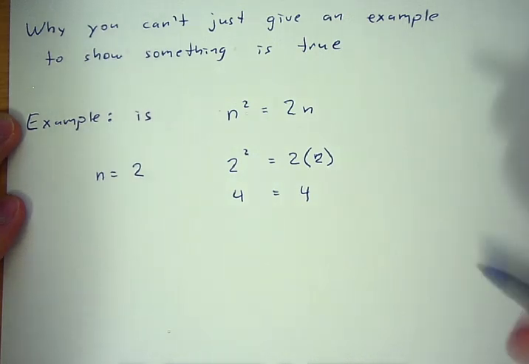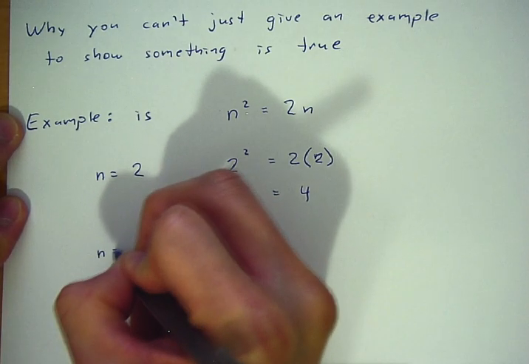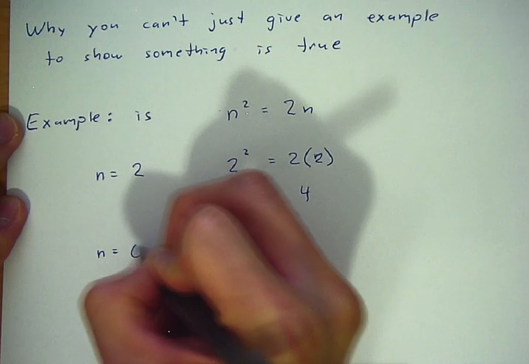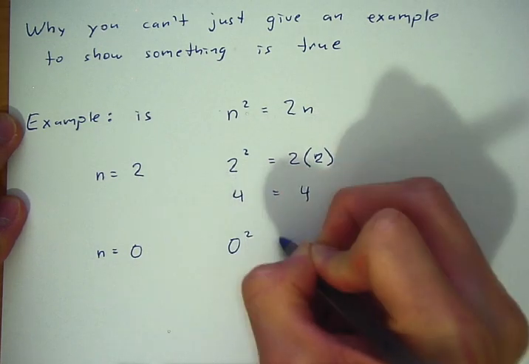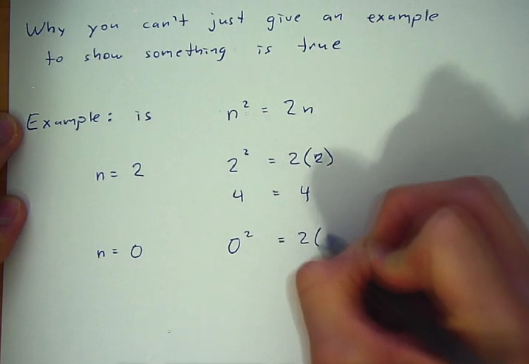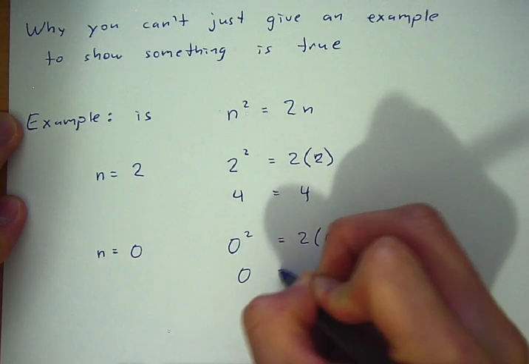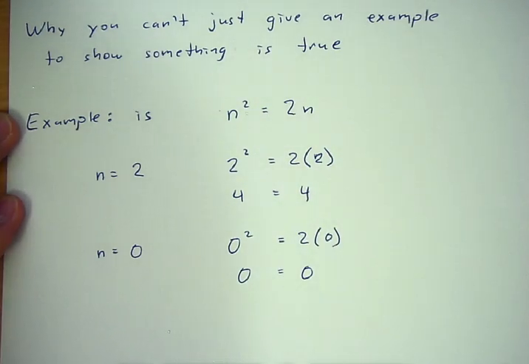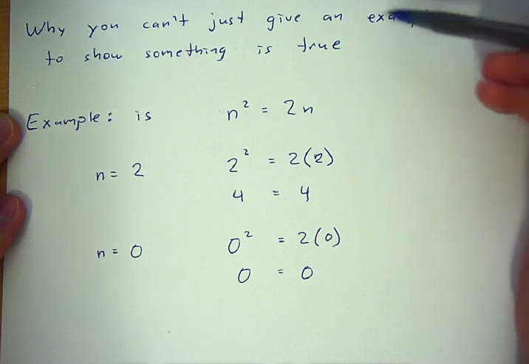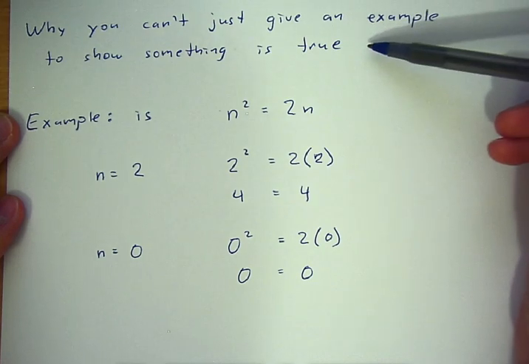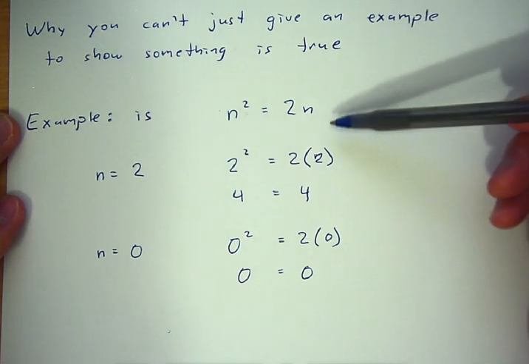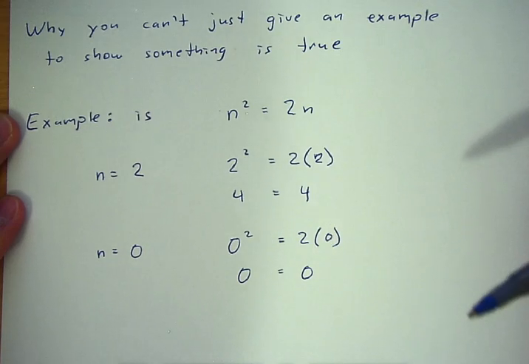Even if you gave more than one example, it still wouldn't be enough. I could say, okay, well, when n equals 0, this is 0 squared equals 2 times 0. That's still 0 equals 0. So you can't just give an example to show something is true. You can't even give multiple examples to show something is true.